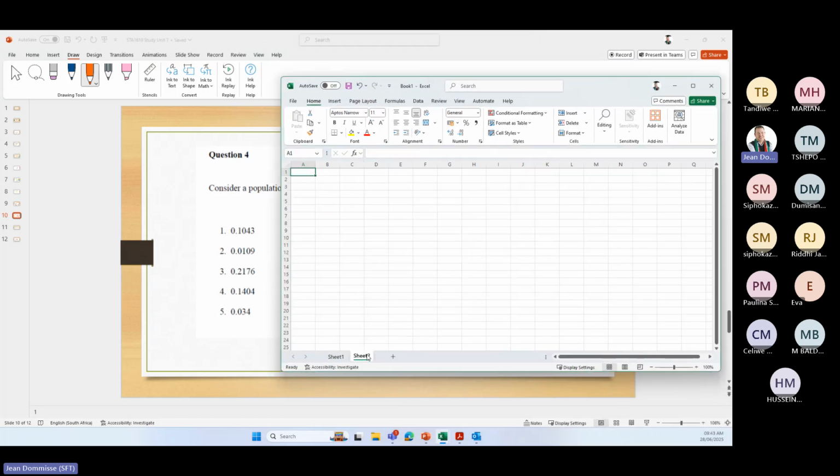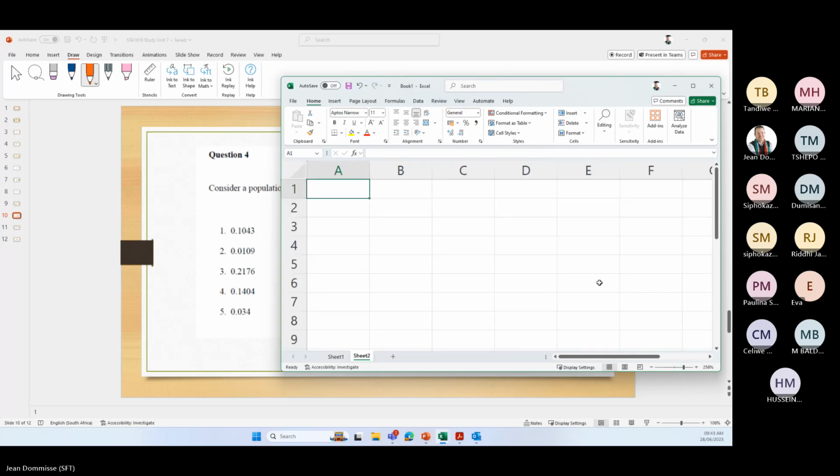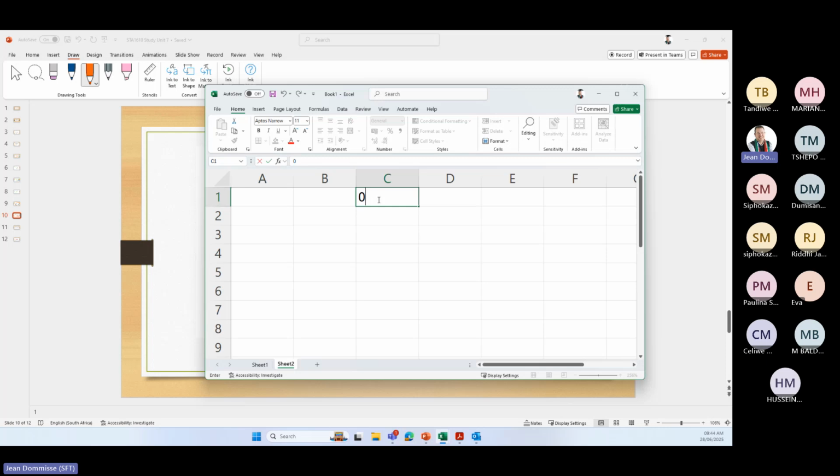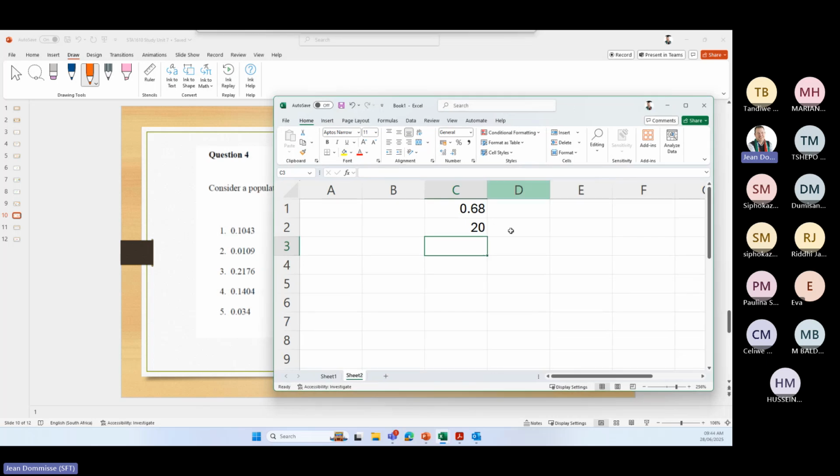I'm just going to put in here, and let's make it bigger, the values we have: 0.68 and I think 20. So the first component is the 0.68, so let's set it up so that you guys can actually use this.